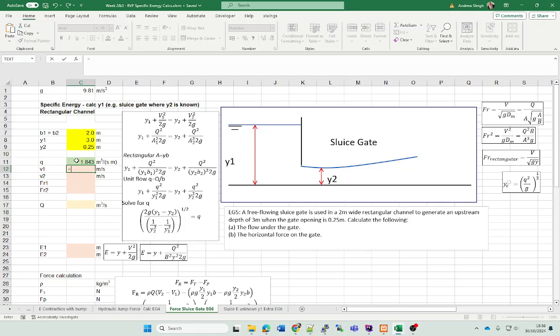Velocity, that's velocity at 1, q divided by y1, 0.6. Okay, that's a reasonable velocity. v2 divided by y2, so it's an awful lot faster. That's very fast. Froude numbers.